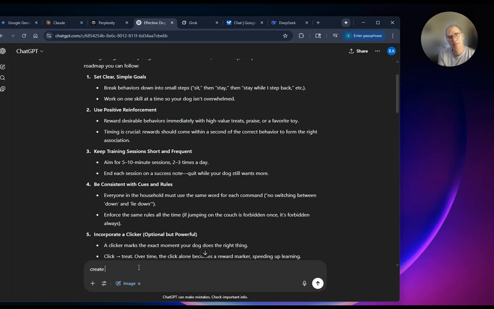When you write a prompt, and that's what I'm writing in here, create an image of, not just an image, create a photorealistic image of a cat like it was taken on a cell phone. The cat should be an orange tabby.